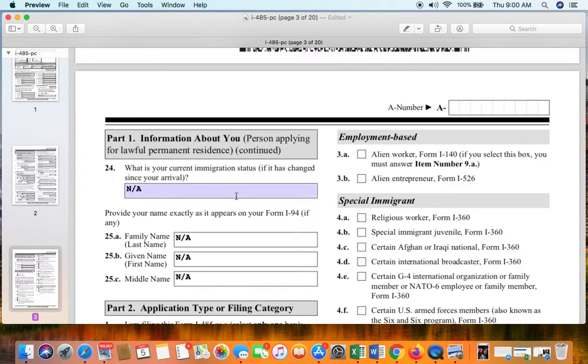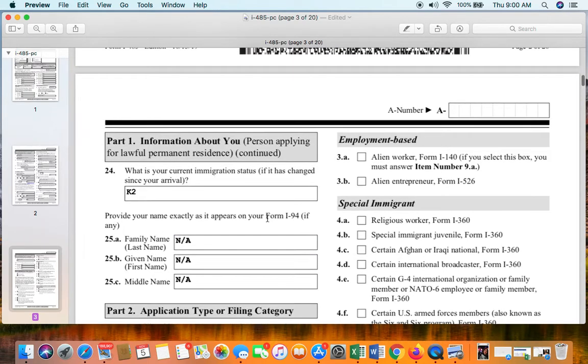If your status has already changed, which sometimes takes like a week, you can put your current immigration status. If you're still on K2 and it hasn't changed yet, you can put K2. Provide your name exactly as it appears on your Form I-94.